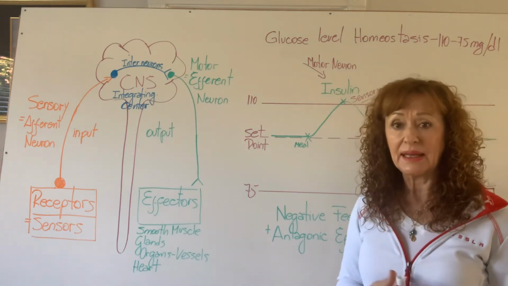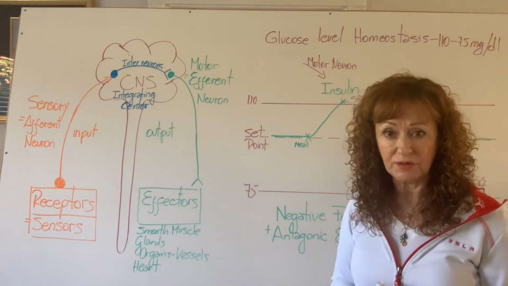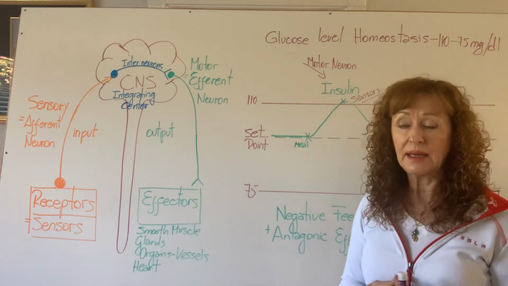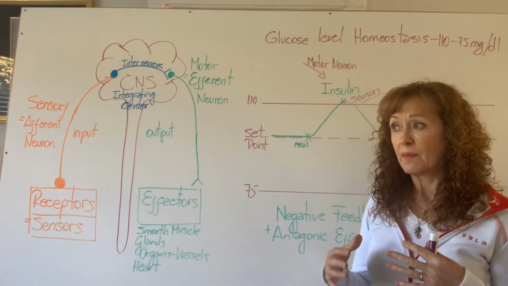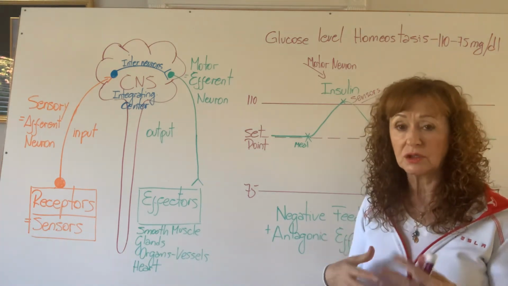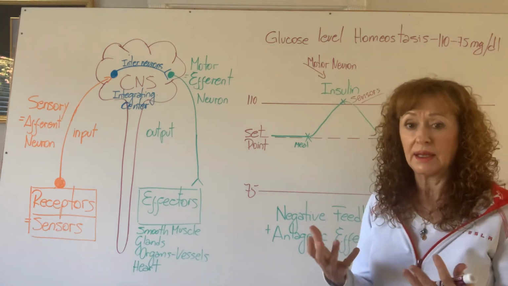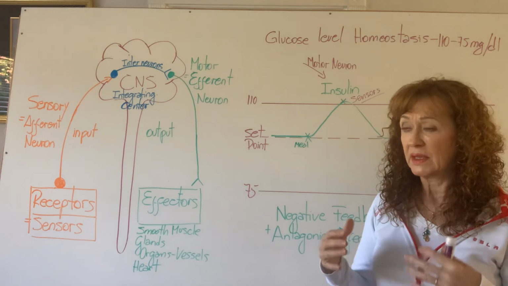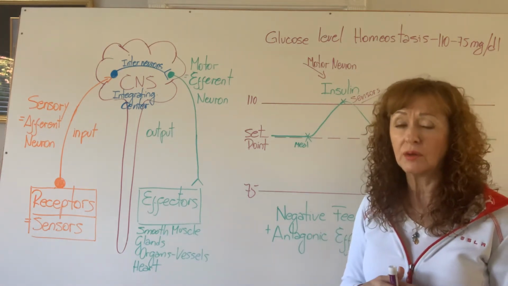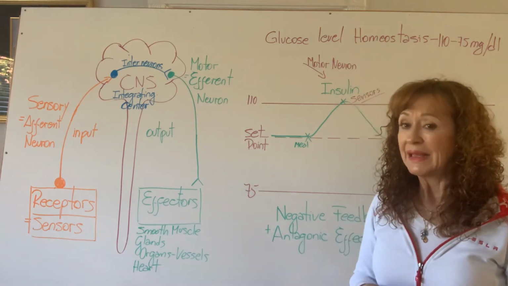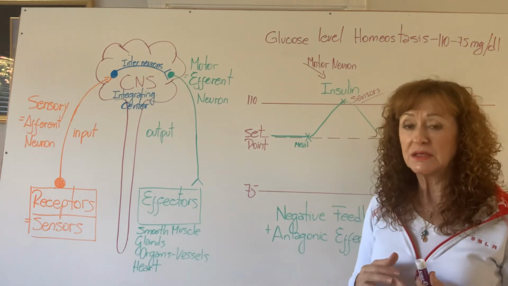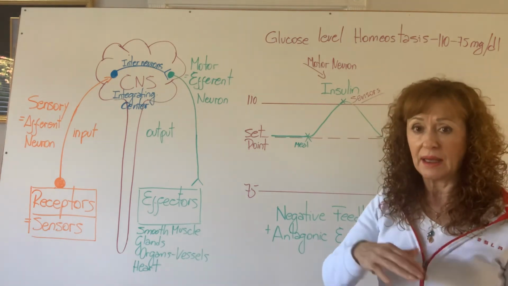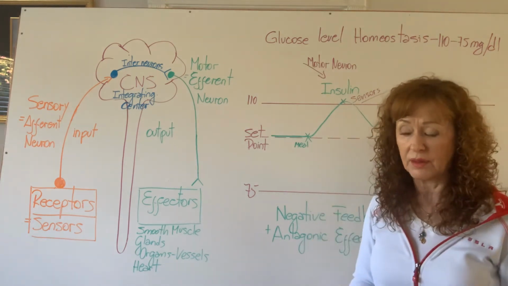The other one is the production of milk after birth, and the third one is the coagulation factors that are triggered when the blood clotting cascade is triggered. In this scenario, there is no negative feedback. It's not like going above the normal or below the normal.